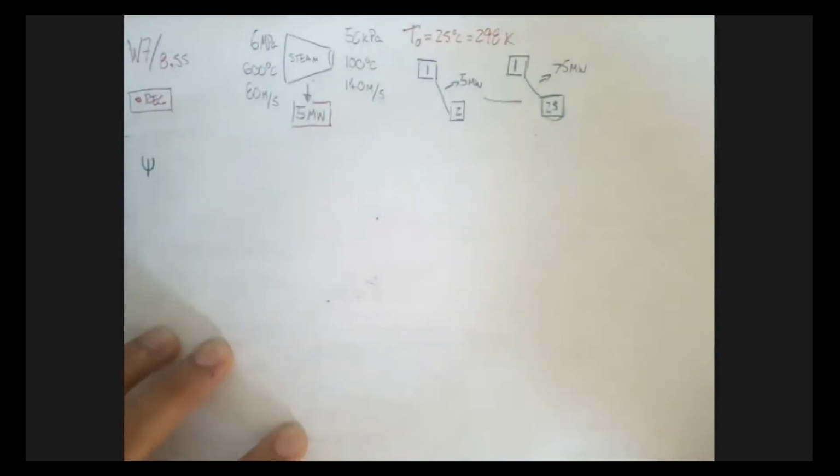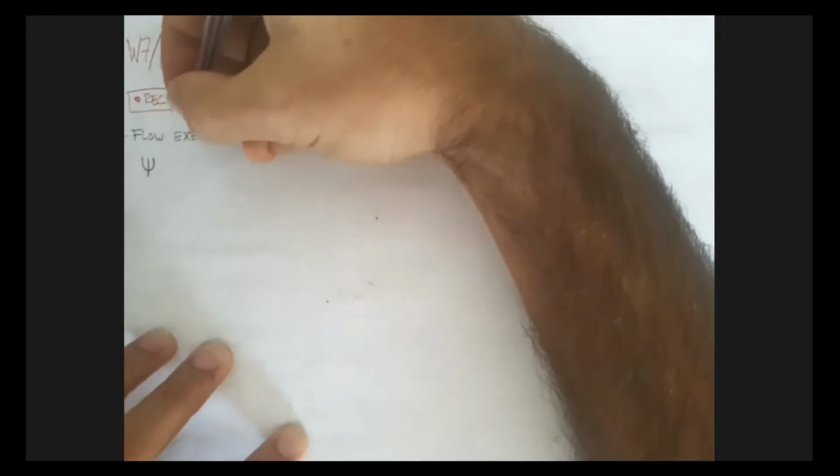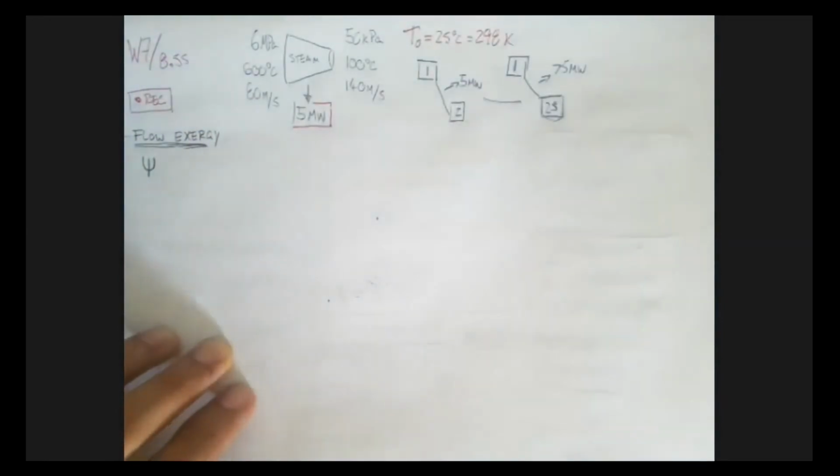Exergy is defined as psi, and I'm going to define the flow exergy. Why is it flow exergy? Because when we're dealing with a flow, we know we have that PV term, the pressure volume term, and that PV term makes us consider enthalpy instead of internal energy.